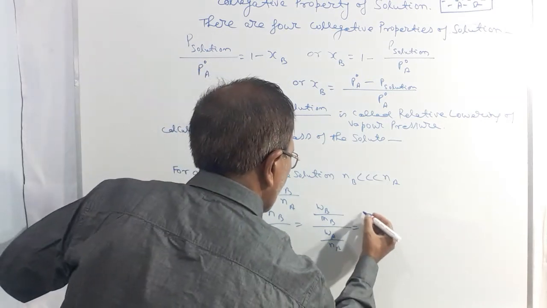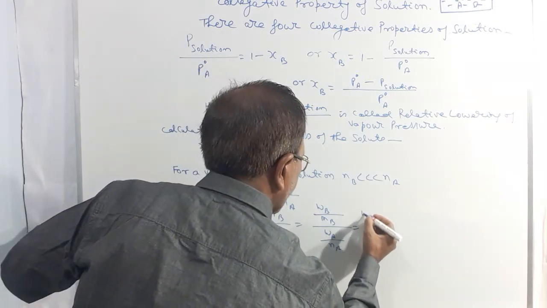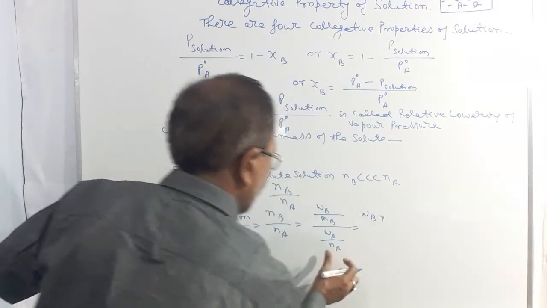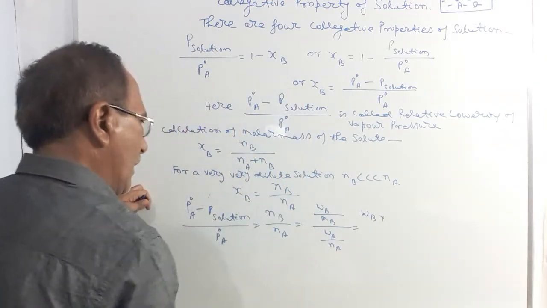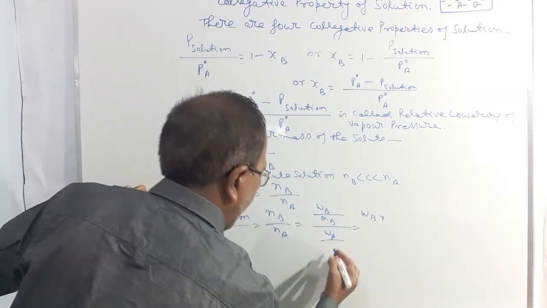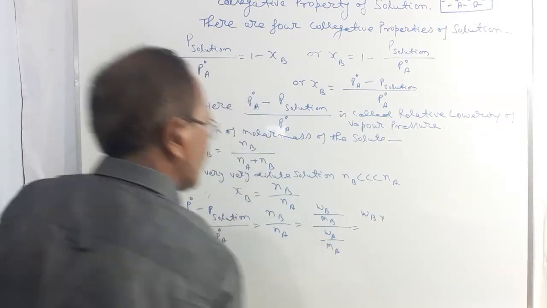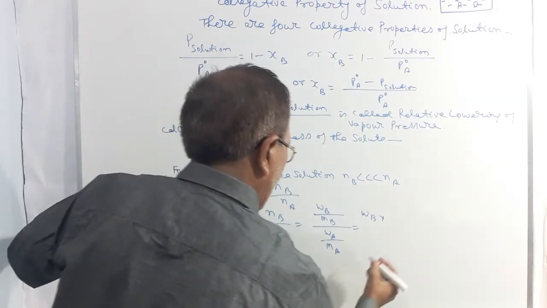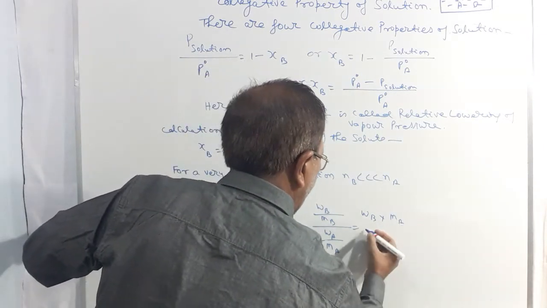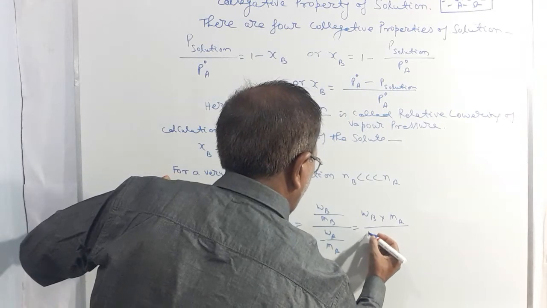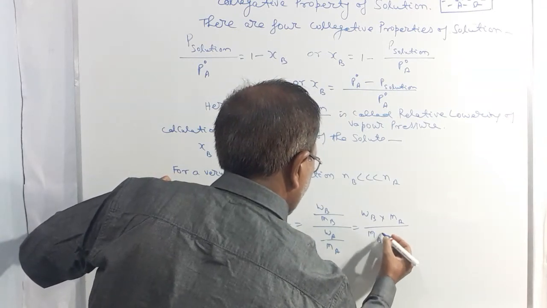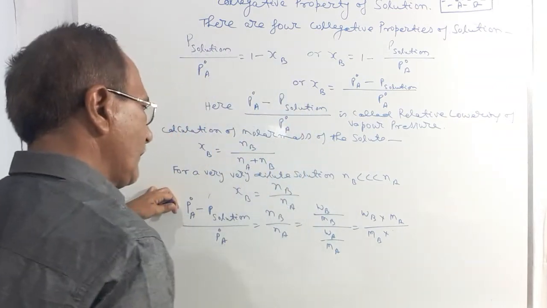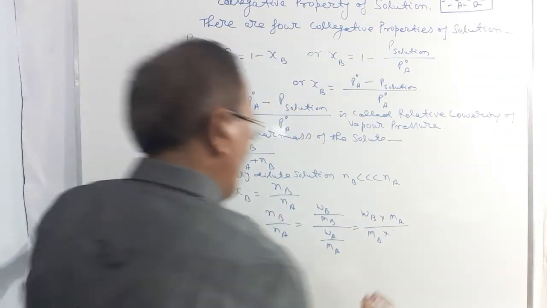This is WB into MA divided by MB into WA.